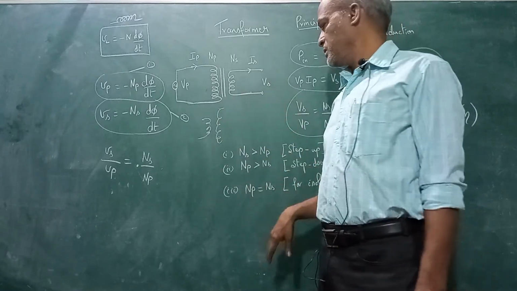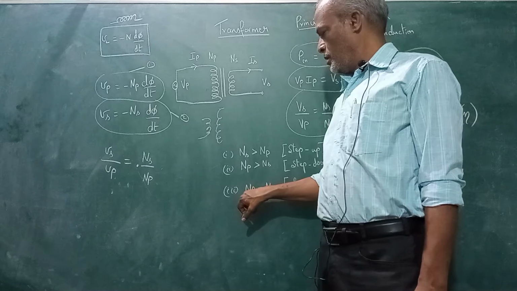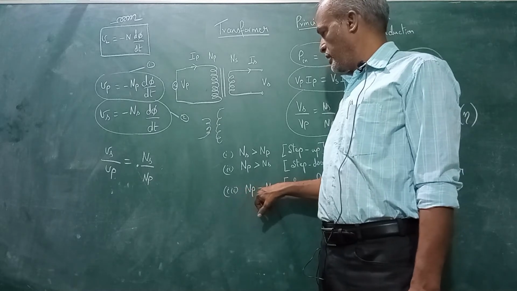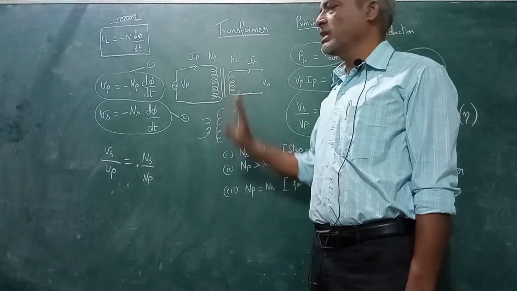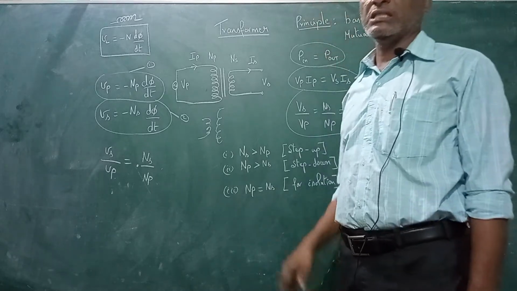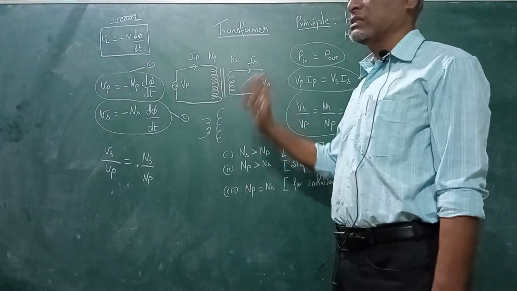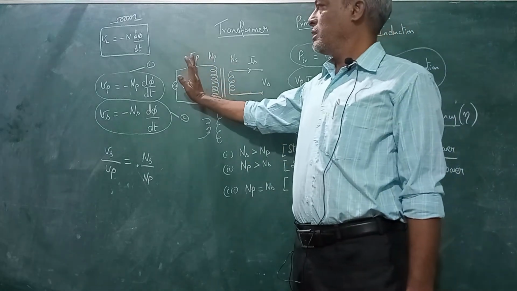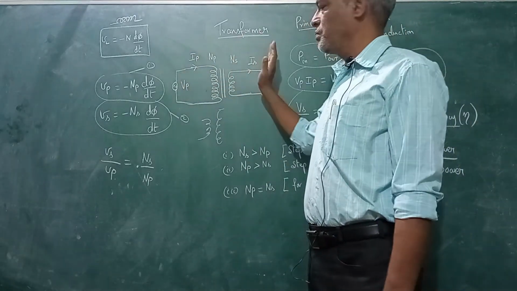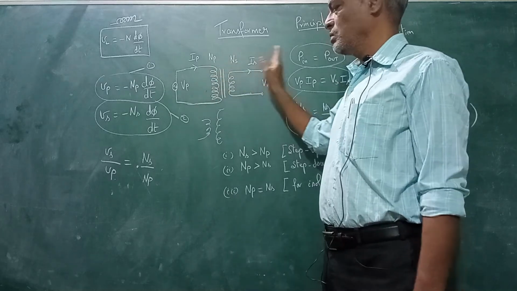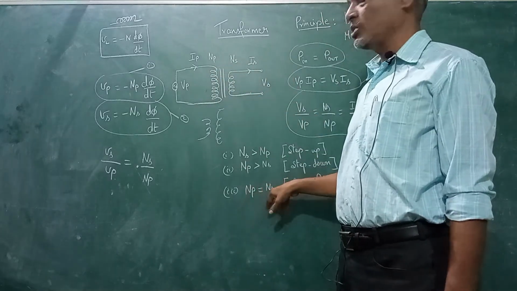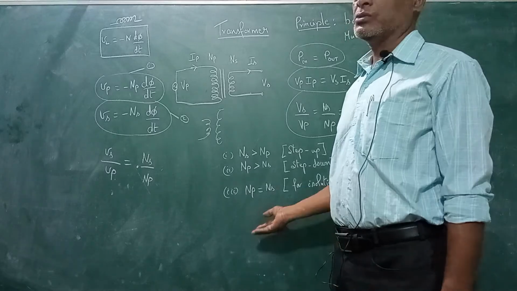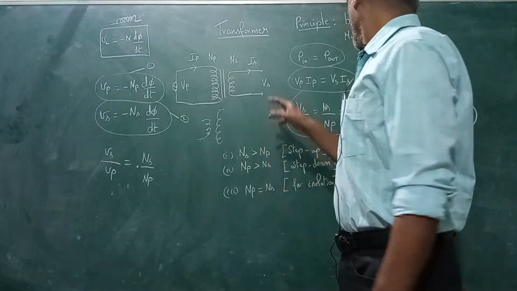So the very purpose of using Np equal to Ns is for isolation. Generally, one of the main applications of a transformer is isolation, because the primary and secondary sides are isolated. But in this case, whatever input voltage you give, you get the same output. Suppose 10 volts, you will get only 10 volts because the turns ratio is the same. Isolation between the two circuits.